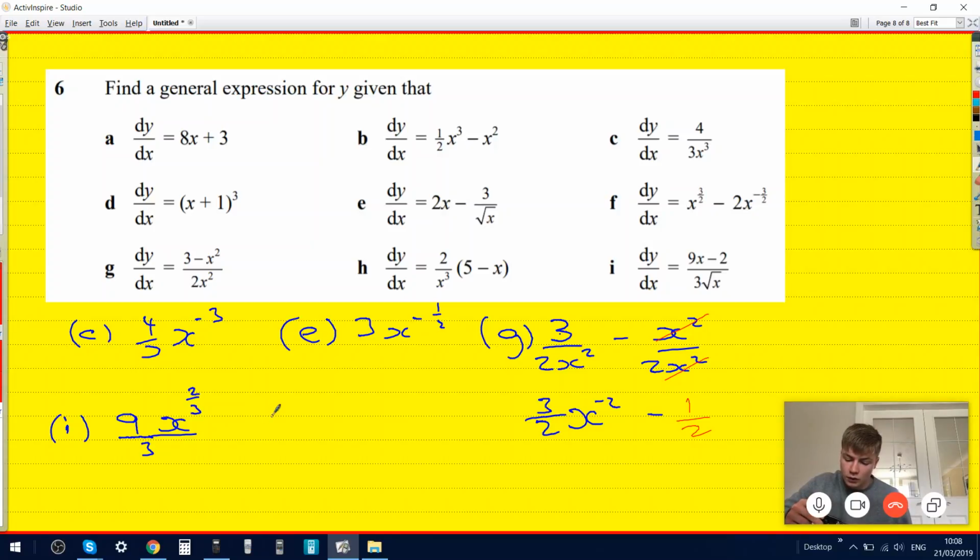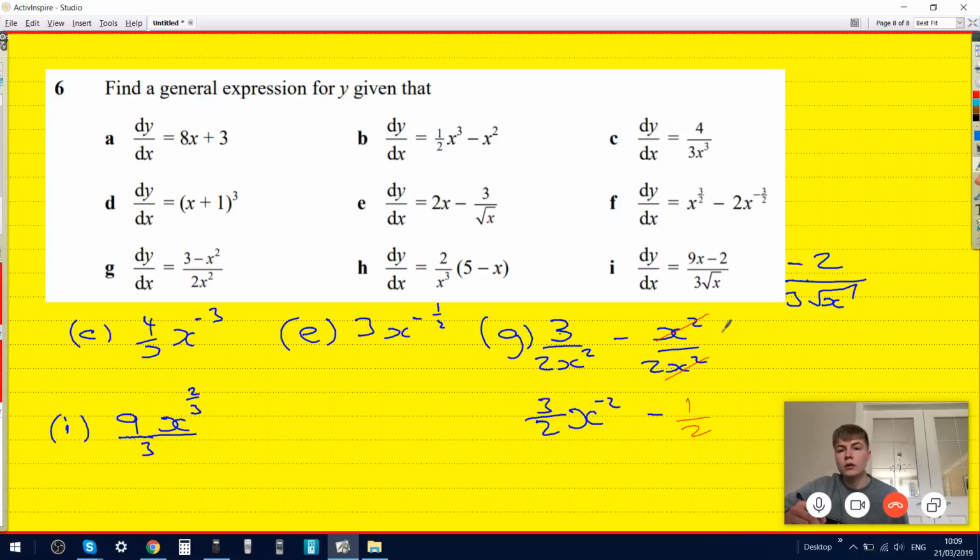Minus 3. I'm struggling a bit with that second bit again. That's the same as minus 2 over 3 root x. Yeah, got that.